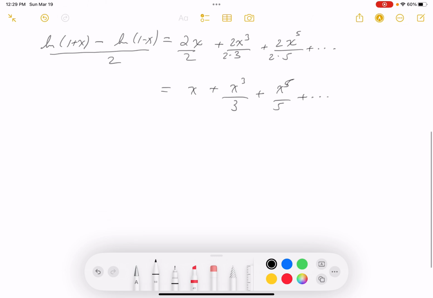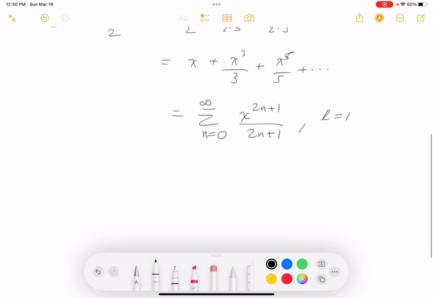Let's write the sum down: the sum from n equals 0 to infinity of x to the 2n plus 1 over 2n plus 1. If we start at 0, we would get 1, and then 3, and so forth. Again, the radius is still 1, but I think I might have lost an endpoint.